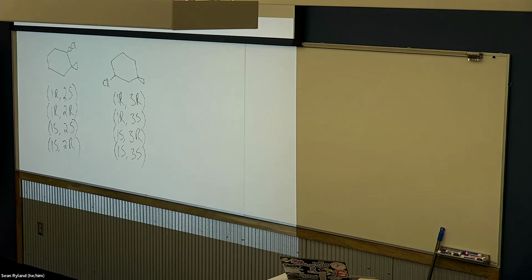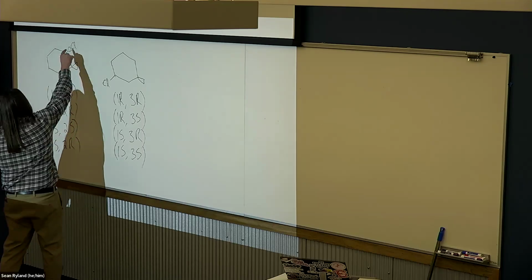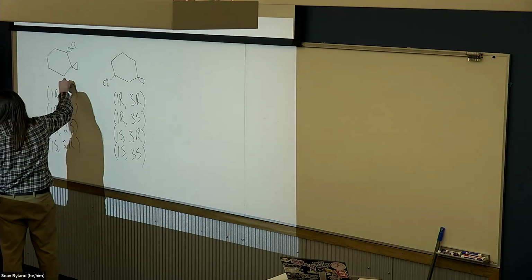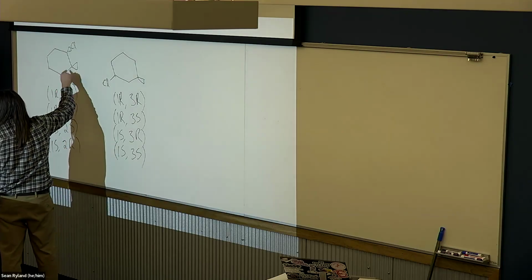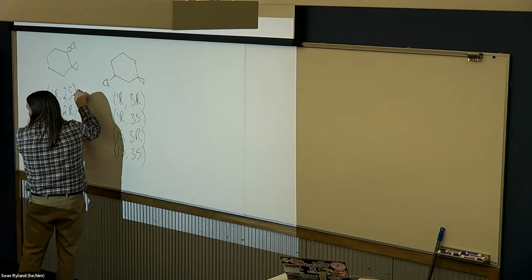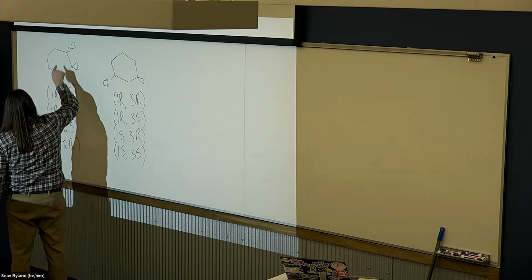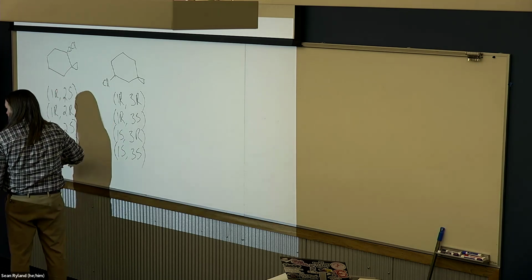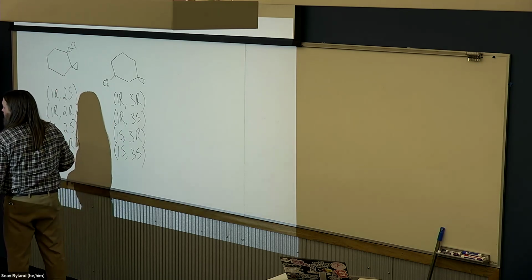If I'm drawing it, you have to find a way to draw all four of them. Yeah, and the easiest way to do that is to draw cis here and cis here and keep that in the same spot, right? That's gonna be two of these options. Then you could do trans here and trans here. That's gonna be the other two options.